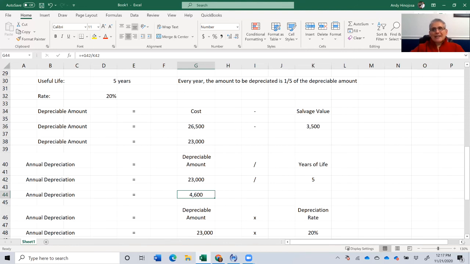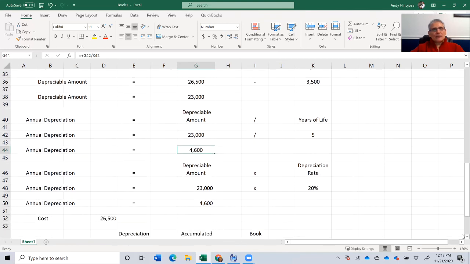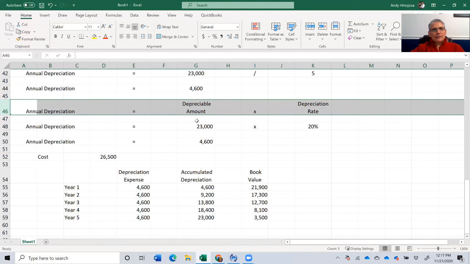Well, there is another way we could figure out the annual depreciation. We simply take the depreciable amount and multiply it by the depreciation rate.